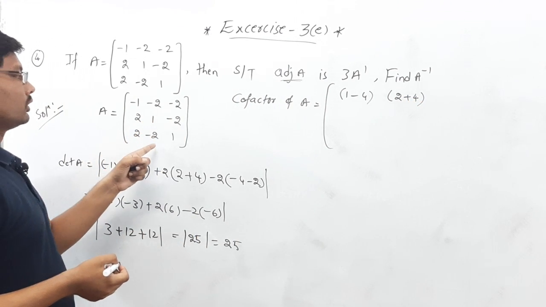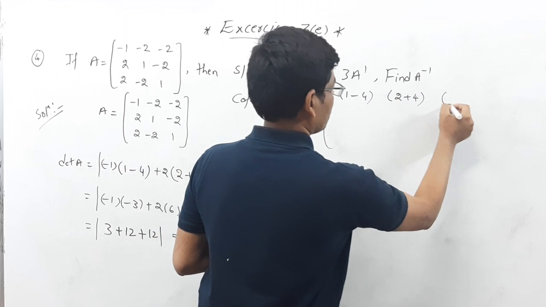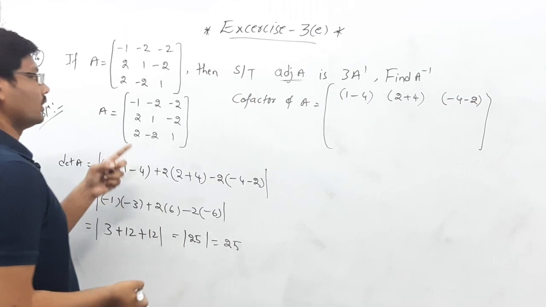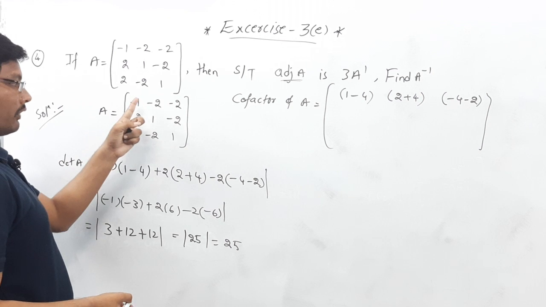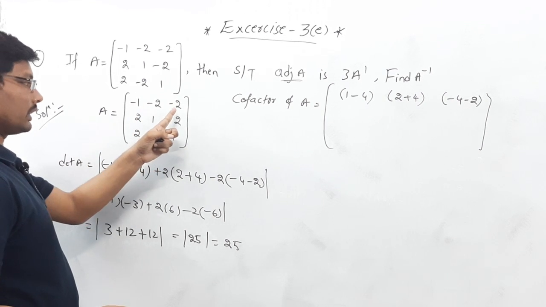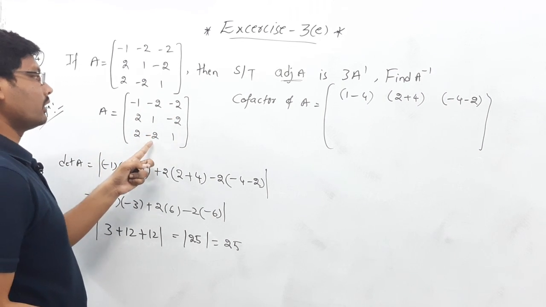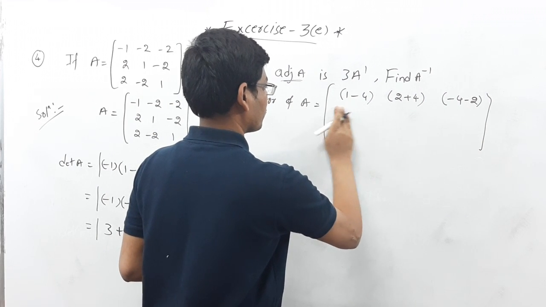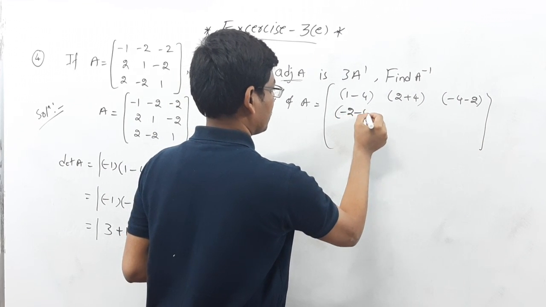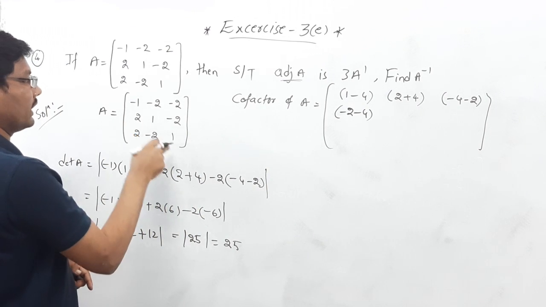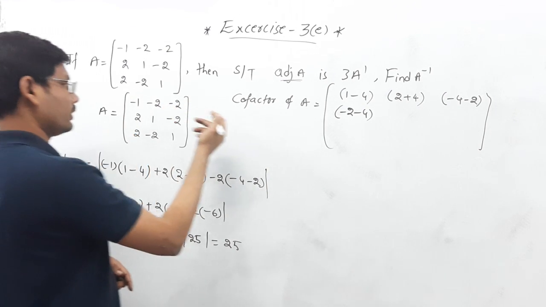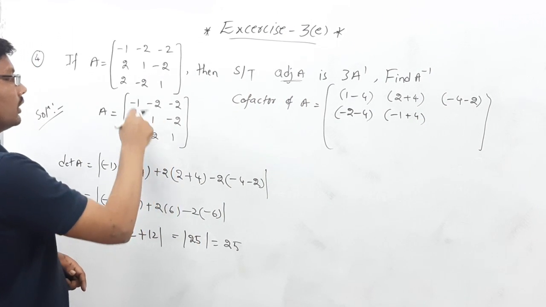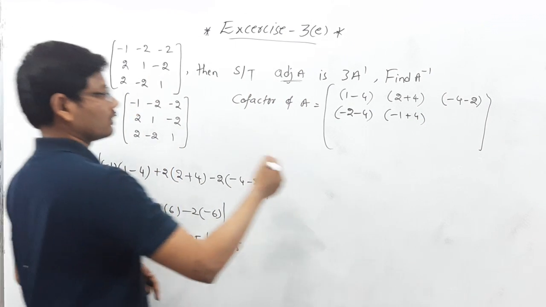Next for minus 2, minus 4 minus 2, minus 4 minus 2, and for 2 here minus 2 minus 2 minus become plus 4 here minus 2 minus 4 minus 2, minus 2 minus 4 here, and for 1 minus 1 minus 2 minus become plus 4 minus 1 plus 4 here, and for minus 2 2 plus 4.